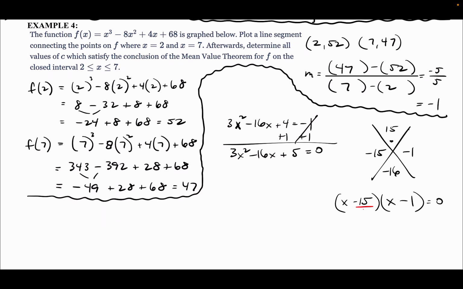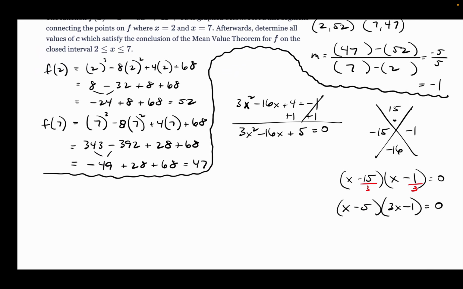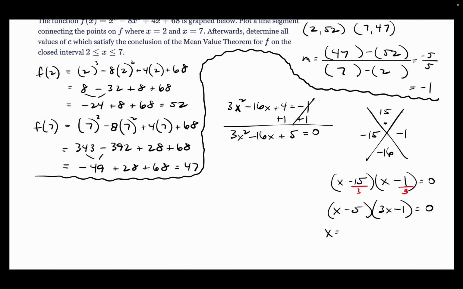Divide by a. I get x minus 5 and 3x minus 1. So then I'm going to get 2 answers: x equals 5 and x equals positive 1/3.